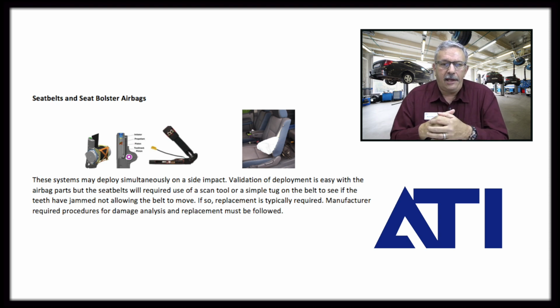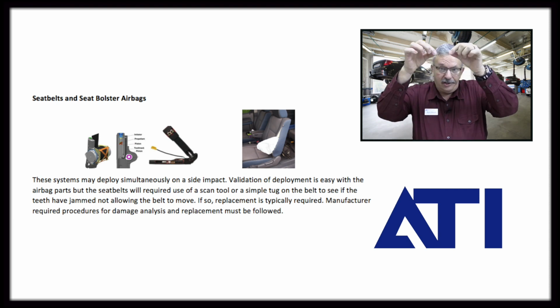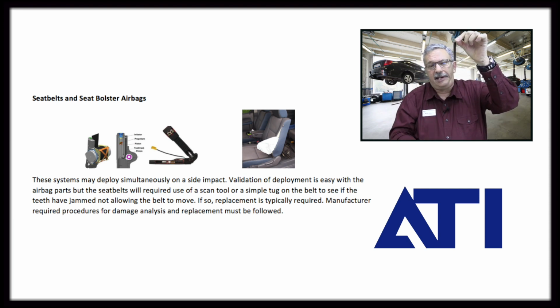The other thing that we don't check enough is, suppose I have an older vehicle that doesn't have an airbag system in it. What do I do to check the seatbelts if I do have a front end loss? I can pull the seatbelt out and just hold it in my hand so I can see about 18 inches of the seatbelt itself.